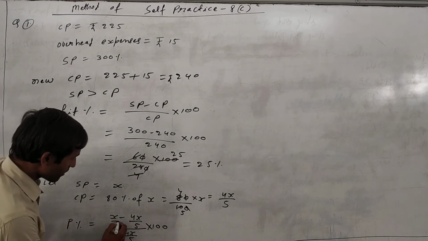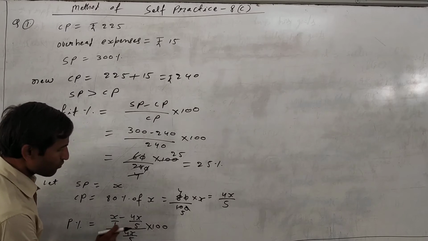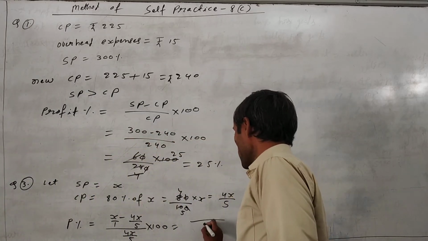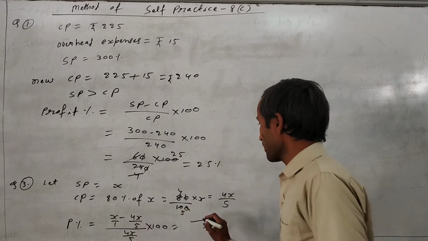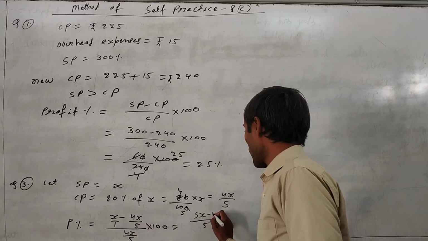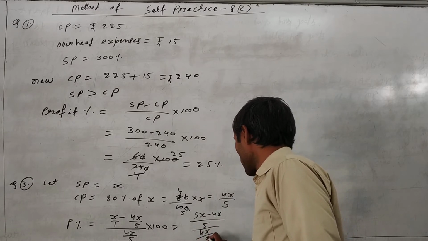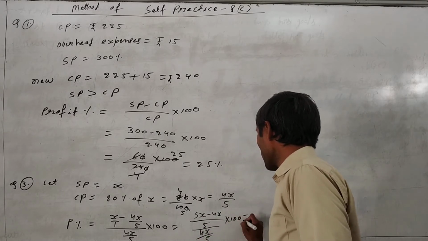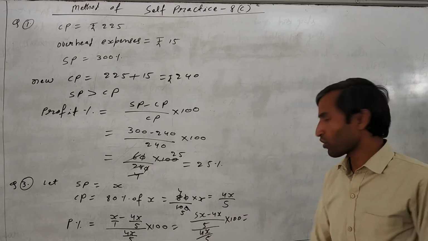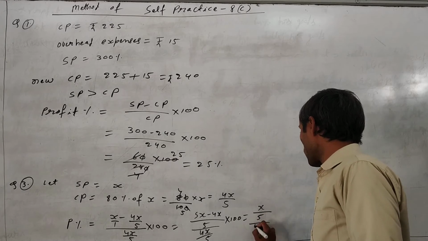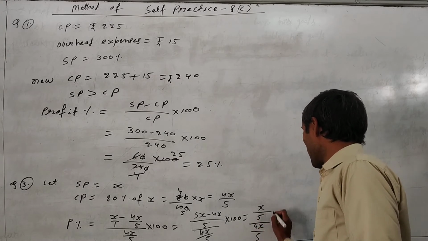Here nothing written means 1. So we take the LCM of 1 and 5, which will be 5. 5 will multiply here, so 5x minus 4x upon 5, upon 4x upon 5 into 100. After subtracting, 5x minus 4x comes x only. So x upon 5 upon 4x upon 5 into 100.